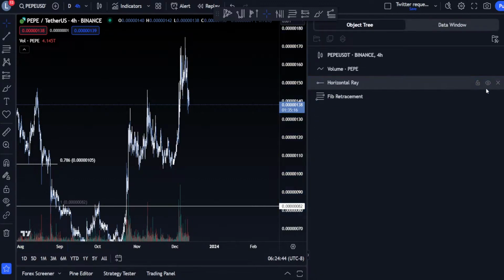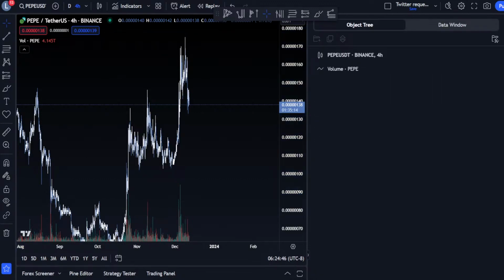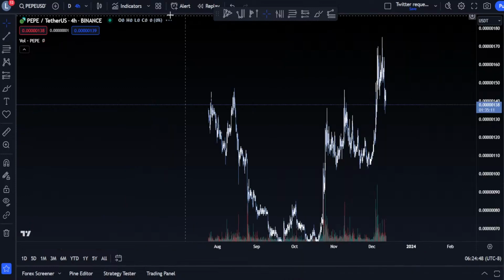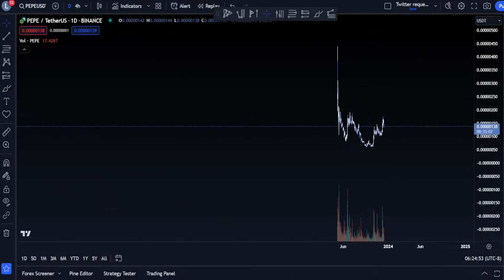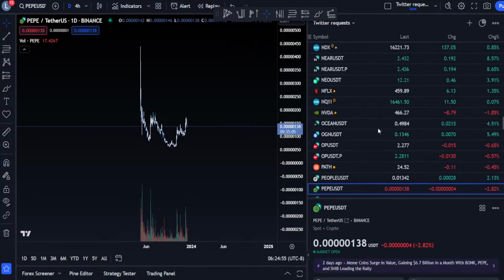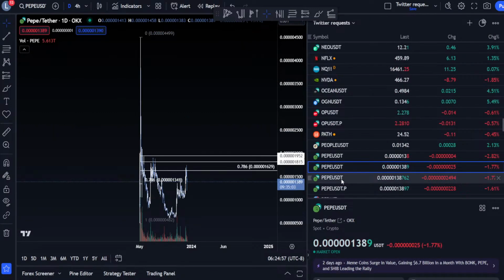Would Pepe's price history on Binance be quite deep? Yeah, fairly.